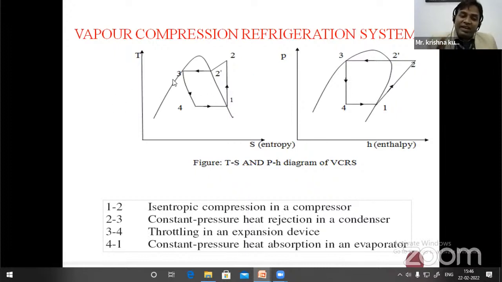Which heat? The latent heat, so that the refrigerant phase change from vapor to liquid is possible. And 3 to 4 is basically the throttling process in the expansion device where the pressure and temperature are decreased. And after decreasing the pressure and temperature, it goes to the evaporator. So this is the representation of VCRS over the TS diagram and PH diagram.